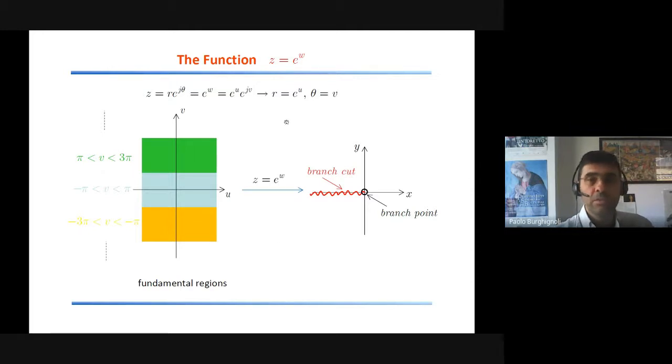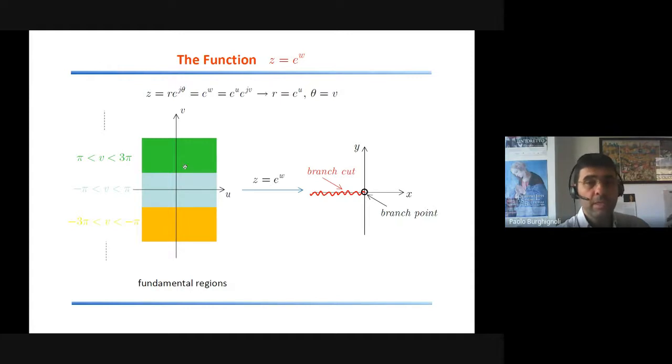Finally, we can consider the exponential function. The exponential function is a single-valued function. However, it is a periodic function, as we mentioned before the break of this lesson, and the periodicity runs along the vertical imaginary axis. So, if the exponential z equal to e to w is represented here, you can see on the left the W plane in which each colored region is a fundamental region.